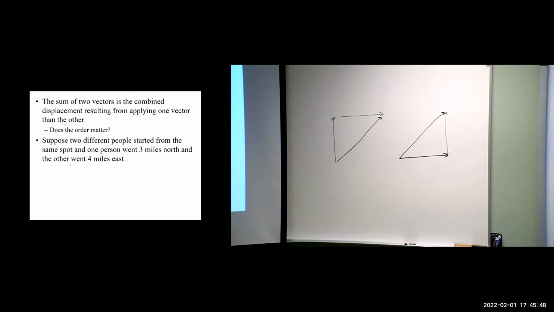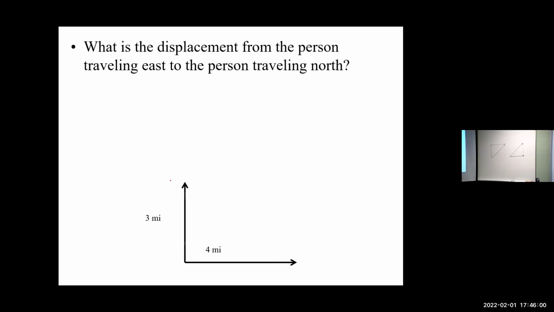Now, this will give us a different situation. Let's say we had two different people. One person goes north, the other person goes east. Now we have two possibilities depending on where we're starting and ending. But you can see we're not going to get the same displacement vector as over there, right? It's got a different angle. It's going to have the same magnitude. But if we start down here and go up, that gives us one option.